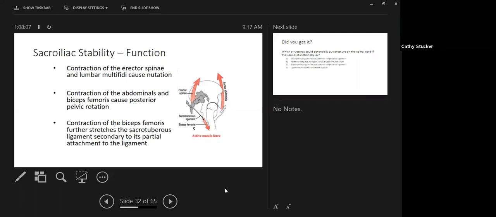So there's a lot of dynamic stability going on down there. And when we talk about having core stability, this is what we're talking about: all those structures that help provide support to your trunk, that ultimately provides support to your pelvis and your SI.